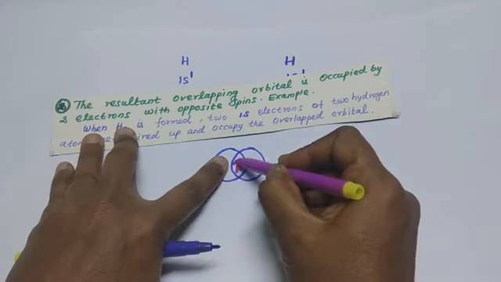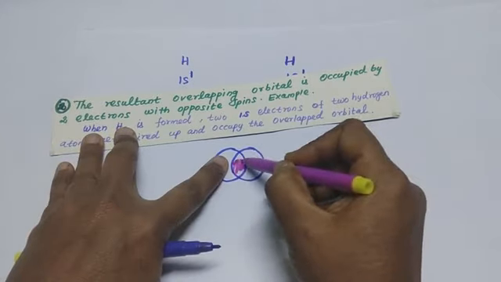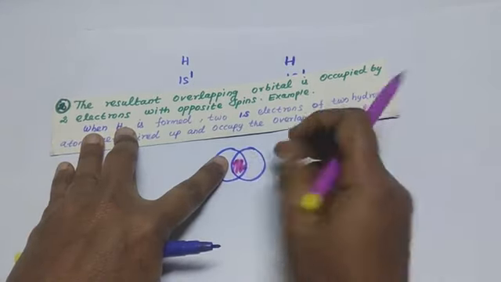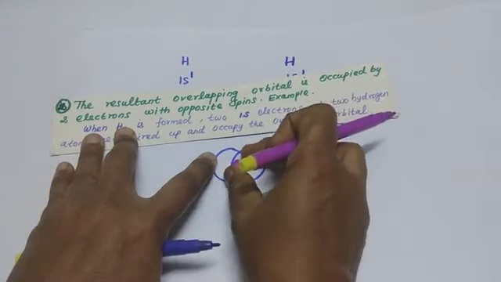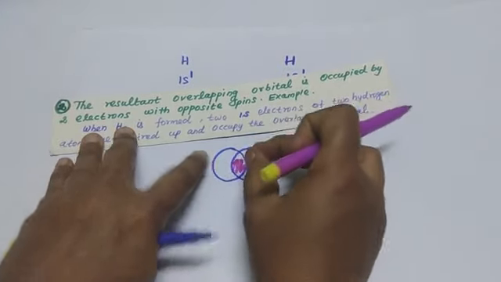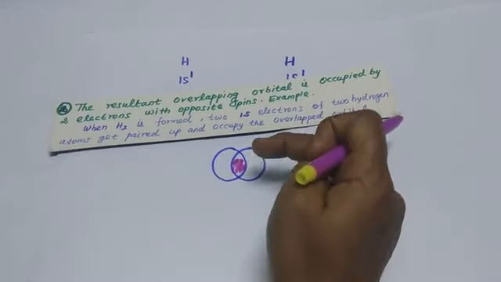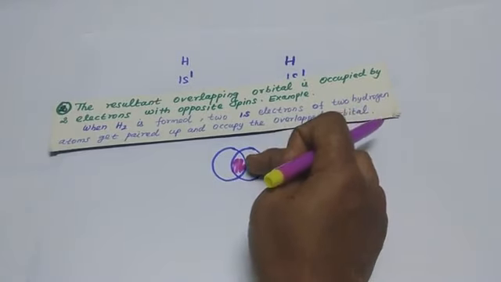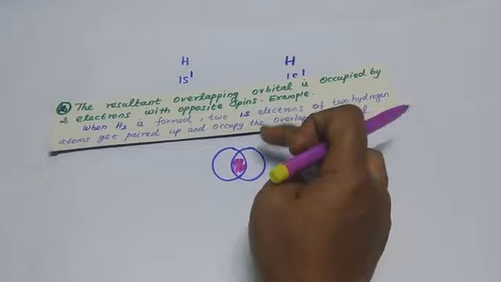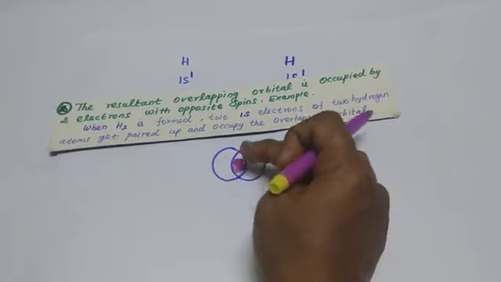One electron is clockwise, so the other should be anti-clockwise. The two electrons that occupy the overlapping region and are involved in bond formation should have what spin, students? Opposite spins. One is clockwise spin, another is anti-clockwise.